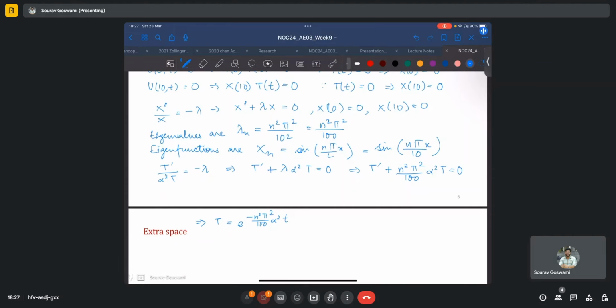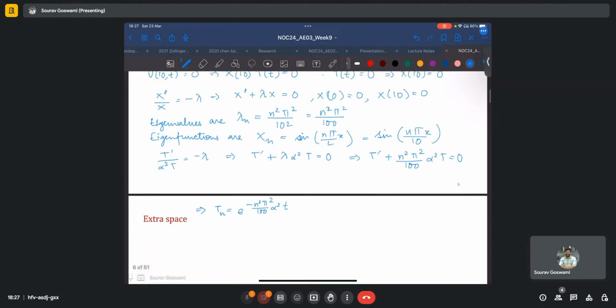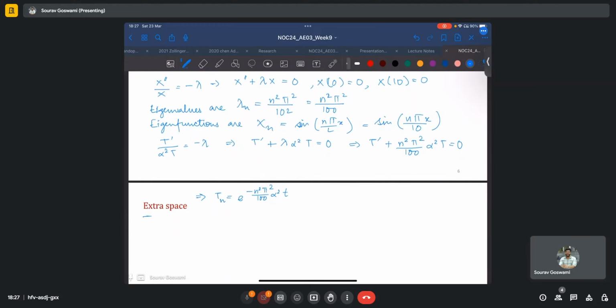And so it's independent, so just write n. Thus, the function un, which is actually equal to XnTn, turns out to be e power minus n square pi square by 100 alpha square t times sine n pi by 10 x.